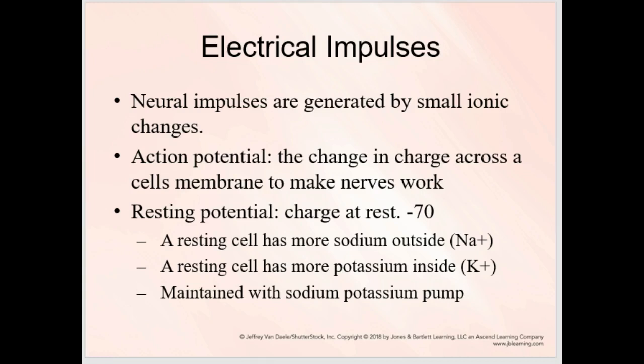When we send that electrical signal down, ions will move across the cell membrane, and ions, once again, are charged particles, and it will change the charge across that cell membrane. If it's just a cell hanging out, doing nothing, it is at resting potential, and the charge for this is -70.